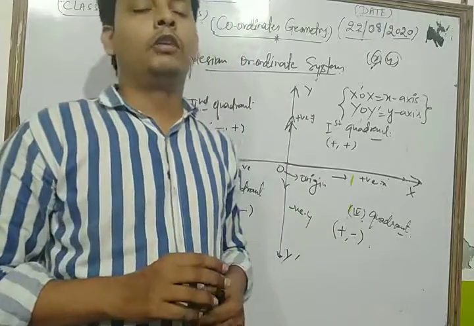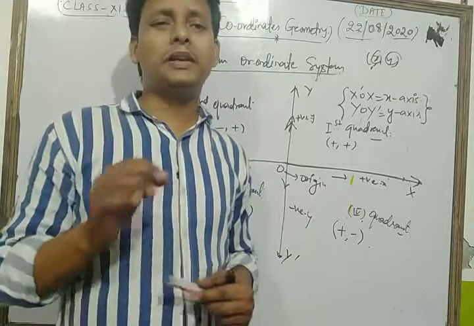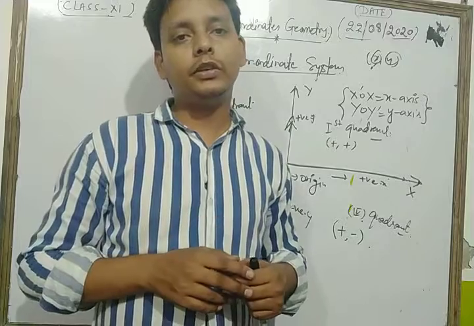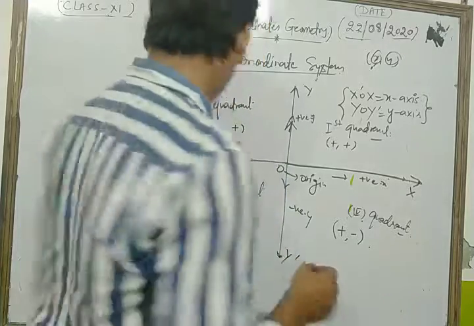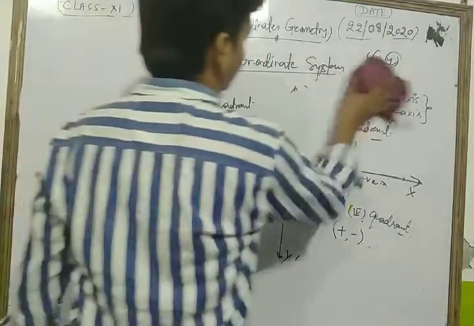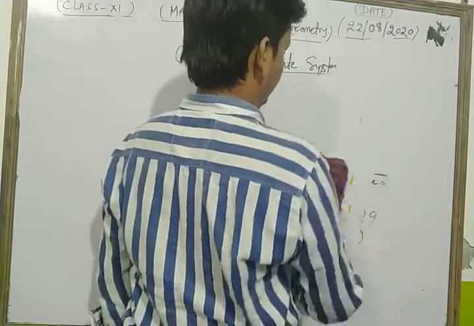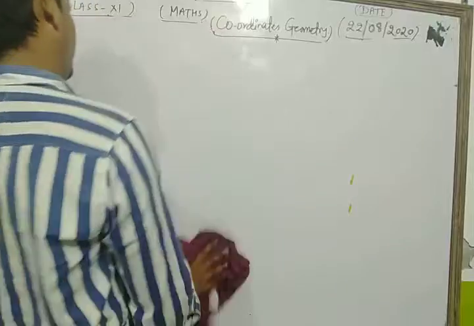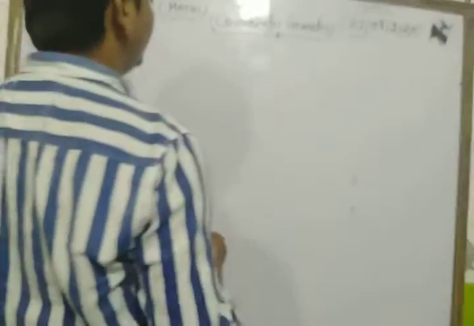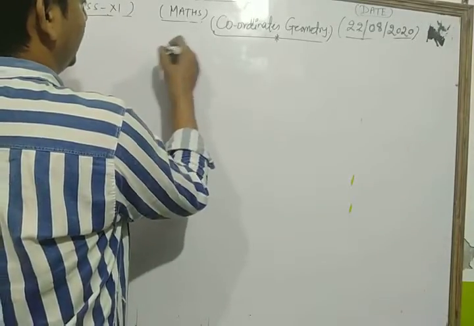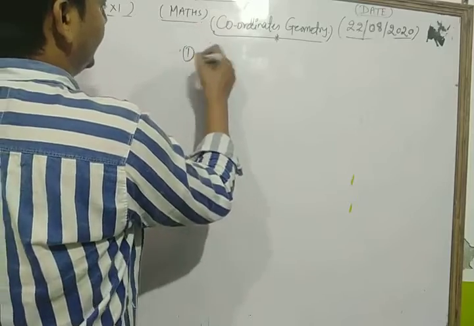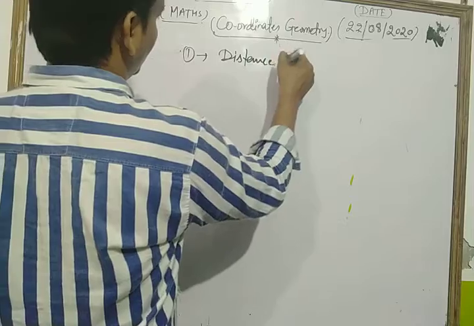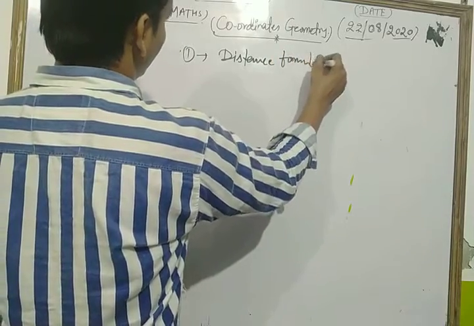Okay, now we are going to discuss some basic formulas of coordinate geometry, like the distance between two points. Now we discuss the first formula, the distance formula.